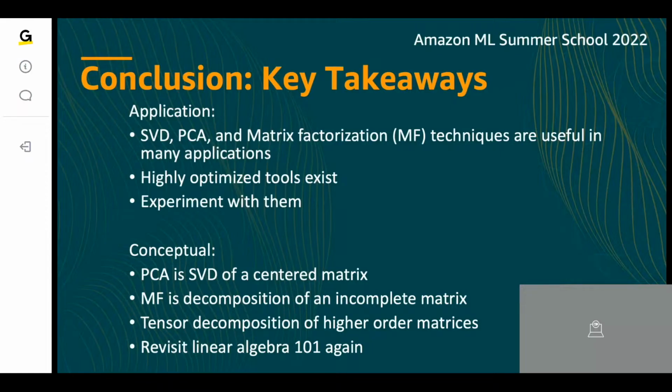We were also able to discuss some of the algorithms that exist to solve these. And the current state of the art is that these problems can be solved for very large scales, and they are quite efficient tools that exist out there.